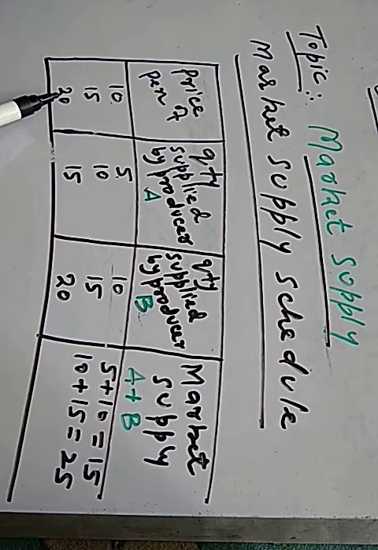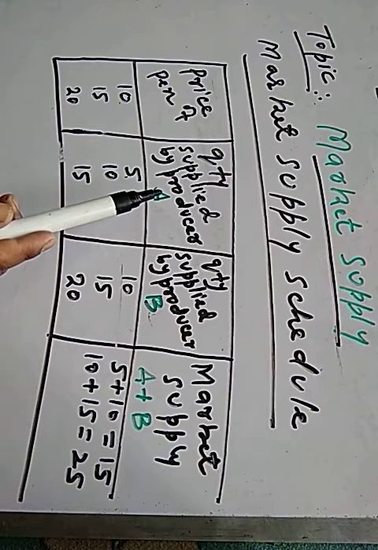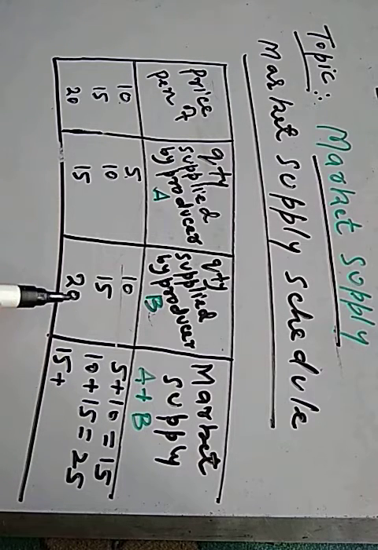When price further rises, जब कीमत फिर इंक्रीज हुआ फ्रॉम 15 to 20 यूनिट, जो क्वांटिटी सप्लाई है बाय प्रोड्यूसर ए वो है 15 एट दिस प्राइस, और जो क्वांटिटी सप्लाइड बाय प्रोड्यूसर बी है एट द सेम प्राइस ऑफ 20 रुपीज पर यूनिट, दैट इज इक्वल टू 20 and it will be equal to 35.